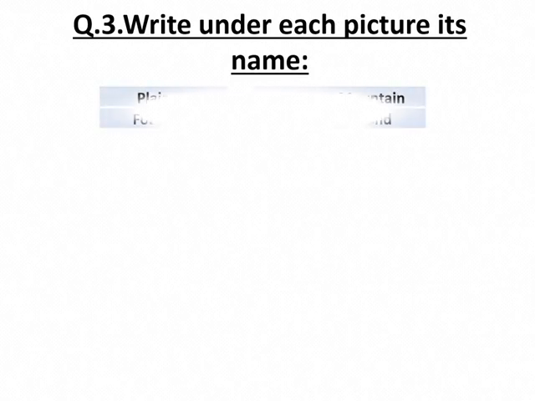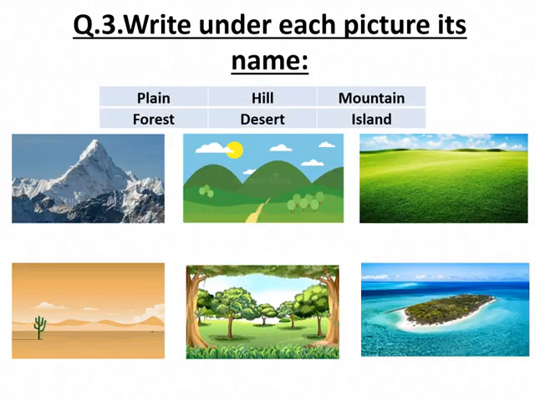Question number 3. Write under each picture its name. Here we have 6 pictures. Picture number 1. Very high land with top point called peak. It is a mountain. Excellent.